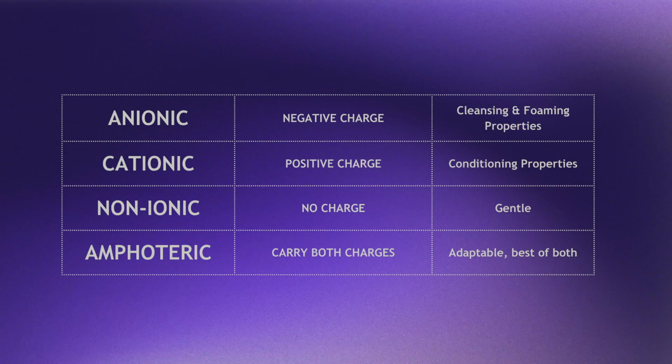Non-ionic surfactants lack that electrical charge and are prized for their gentle cleansing properties, which makes them suitable for sensitive skin. And lastly, amphoteric surfactants such as betaines carry both positive and negative charges, offering versatility and compatibility in a wide range of product formulations.